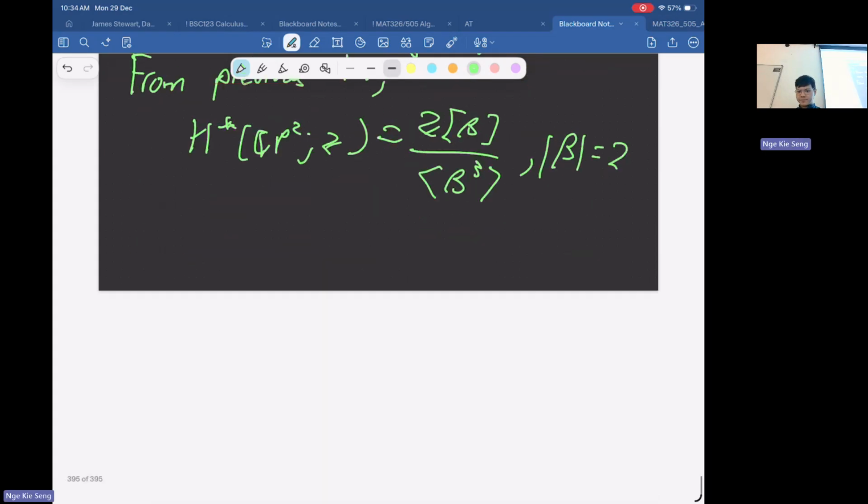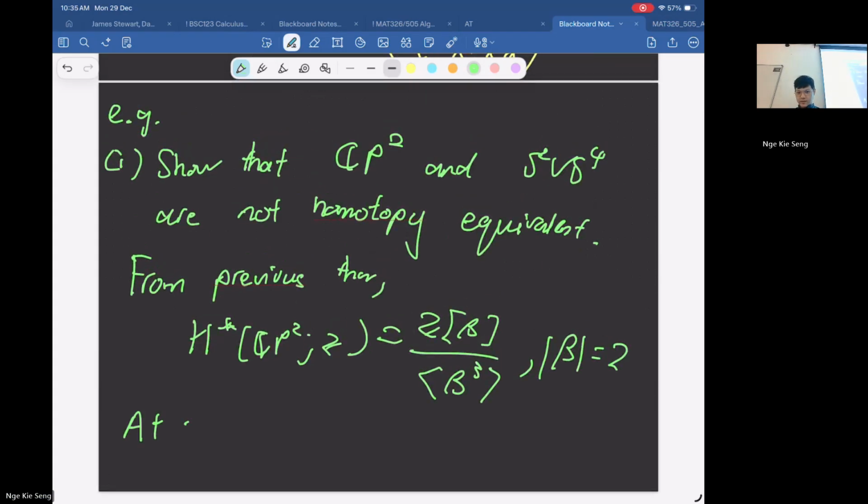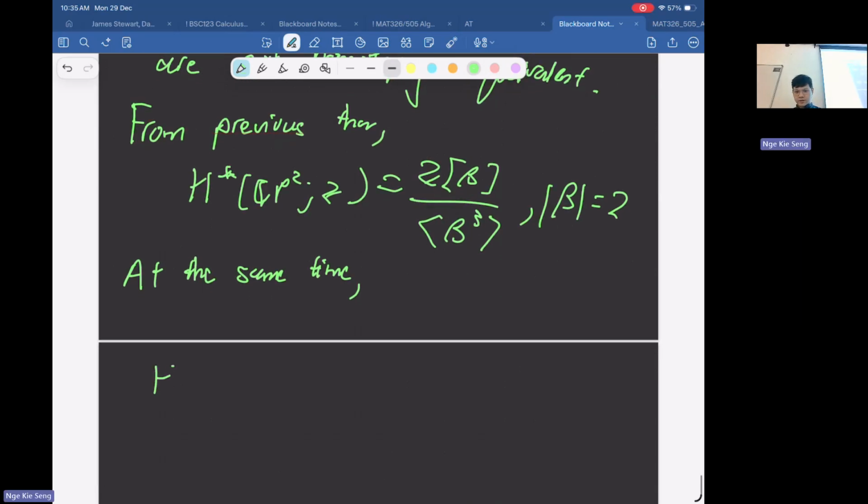At the same time, let's talk about the reduced version of S2 wedge S4 first, because we know that the reduced version of this can split into a direct sum.